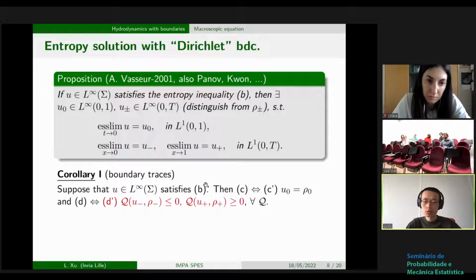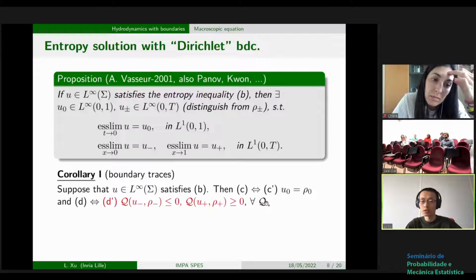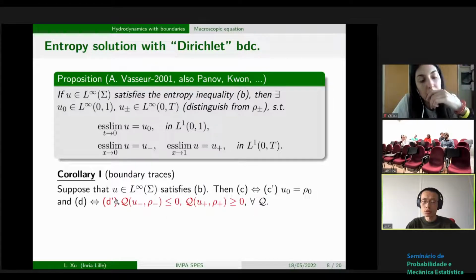Once we have these limits, we can rewrite this boundary condition in a very simple way. So this is the initial one that we don't look at. Now the boundary condition: I can exchange the essential limit inside the integral and write the strong form.